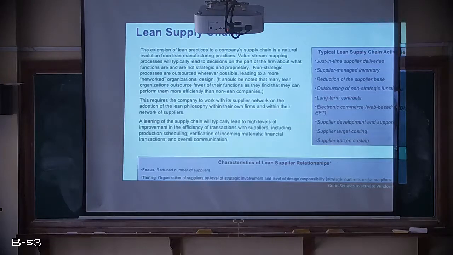So remember here, it is done within the network of suppliers only. A leaning of the supply chain will typically lead to high levels of improvement in the efficiency of transactions with suppliers, including scheduling, verification of incoming raw materials, financial transactions, and overall communication. So normally it is focusing on the limited network of suppliers.